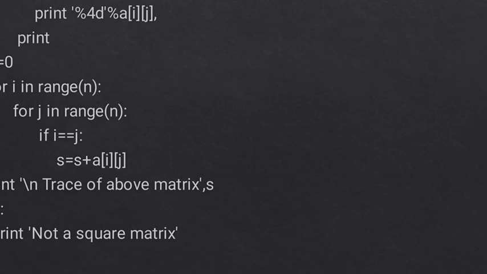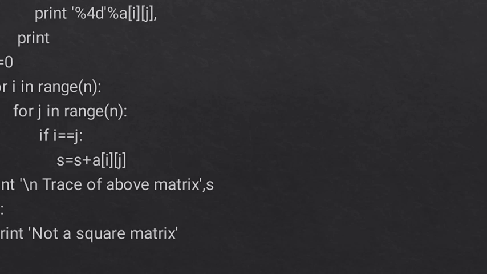Then for i is equal to 1 and j is equal to 1, the second element is added to s, which is the previous one. This looping continues until the order is completed, which is the order we have supplied. If it is 3 by 3, n is 3; if 4 by 4, n is 4.